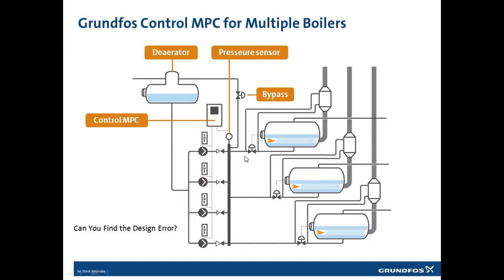And that doesn't make any sense, because if my control valve is fully open, I will have no water through my economizer. And if my valve is closed, I will have all the water through the economizer, and my control valve wouldn't work. So that was just a little design error that always can raise some interesting questions.